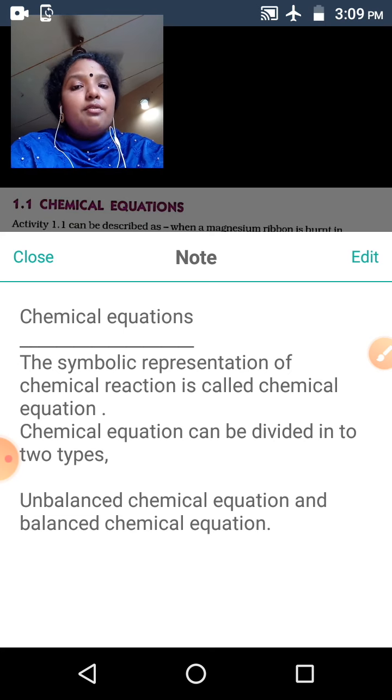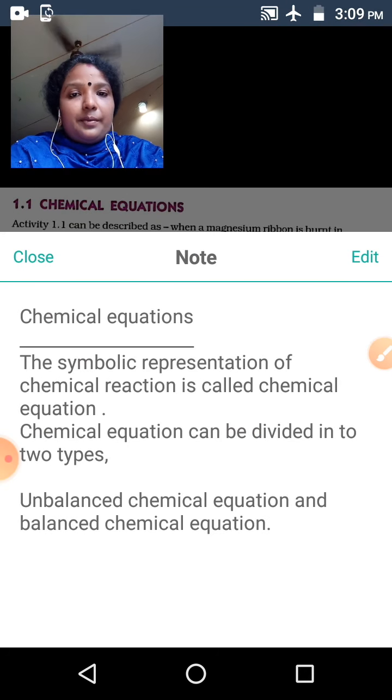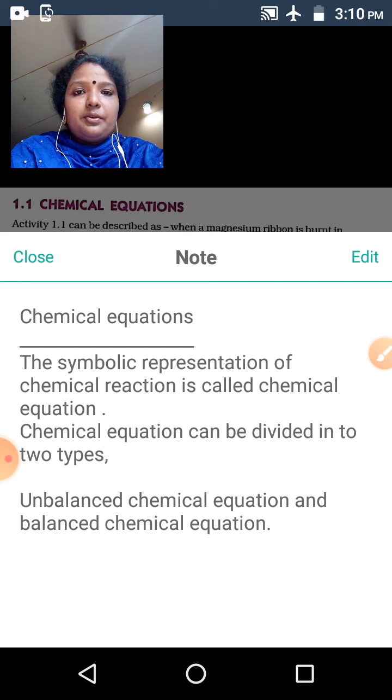For example, Mg plus O2 gives 2MgO, or H2 plus O2 gives 2H2O. This type of equation is known as a chemical equation.